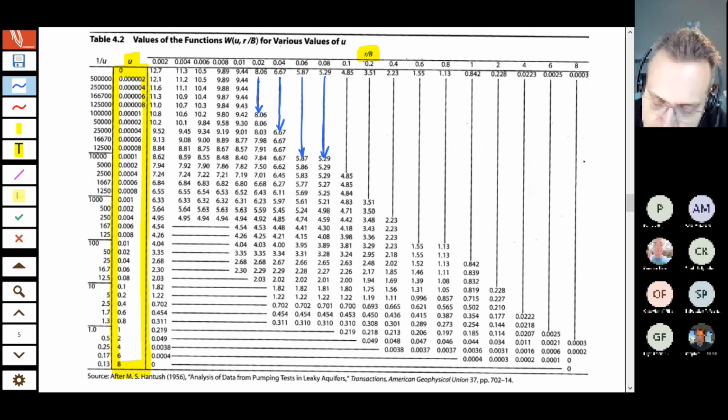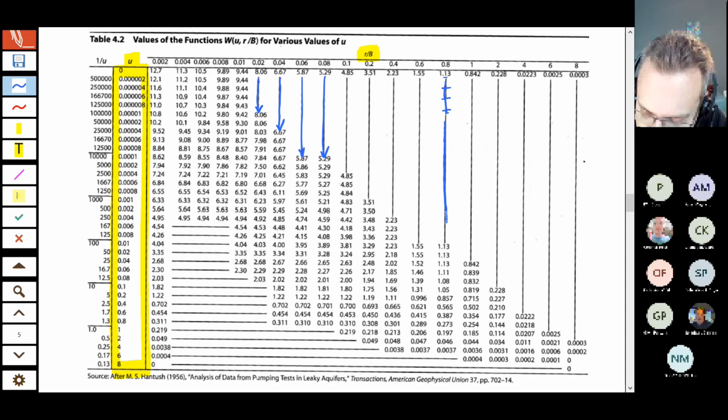For example, at a ratio of R over B of 0.8 and at a U of 0, the constant that we're going to put into our equation is 1.13, and it's also 1.13 in all these other values. It doesn't change until we get right about here. Okay, so that's why we have these lines. It's the same numbers as above.